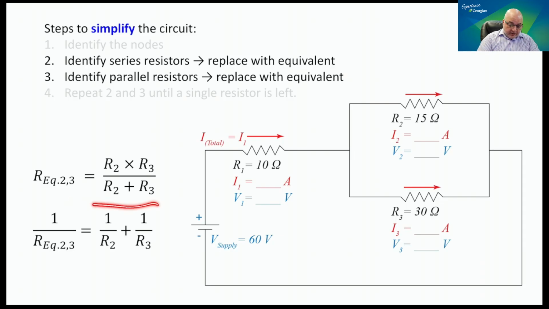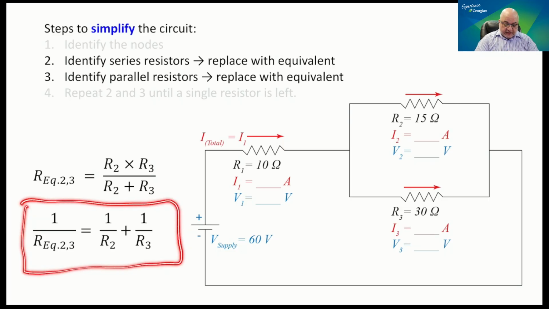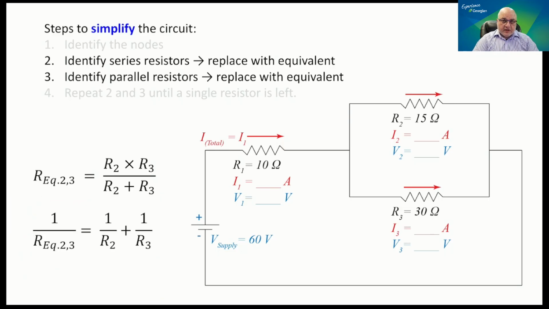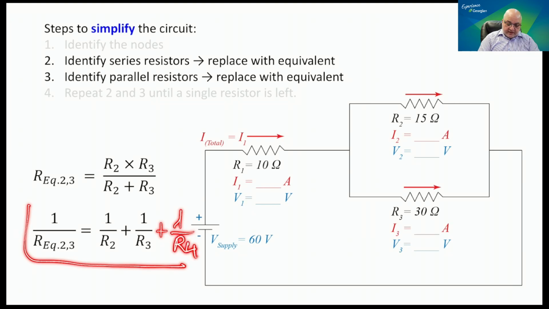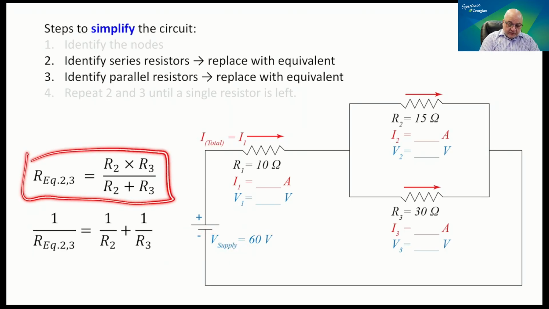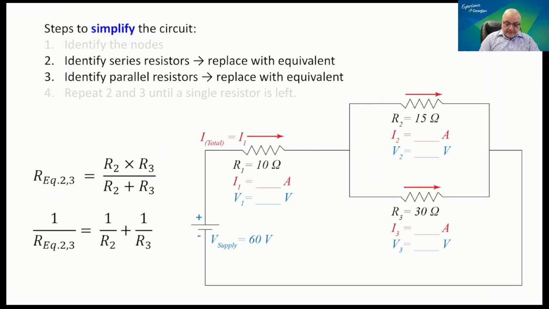A lot of people are very good at using the calculator to do this, and the advantage of this format of the formula is that you can add so many other resistors. If you have 4, 5, 6 resistors in parallel, you can just add them, plus 1 over R4, for example, plus 1 over R5, and so forth. You can go forever. But this is only for 2 resistors. I'm going to stick with this one here. I just basically like it more.